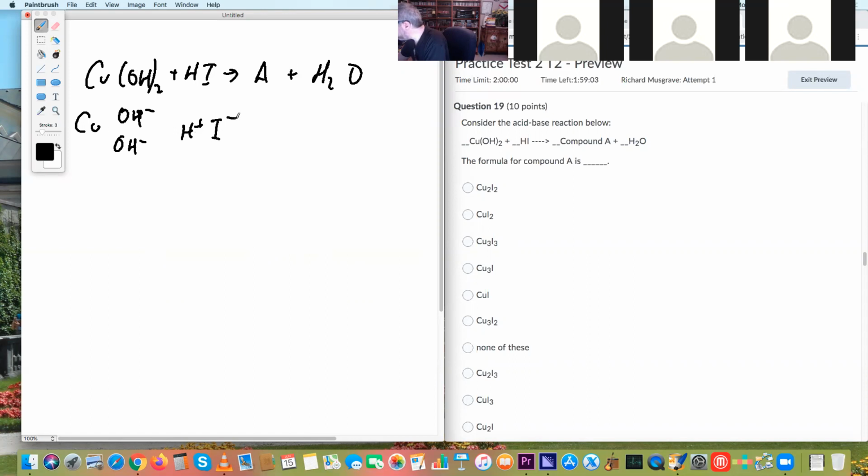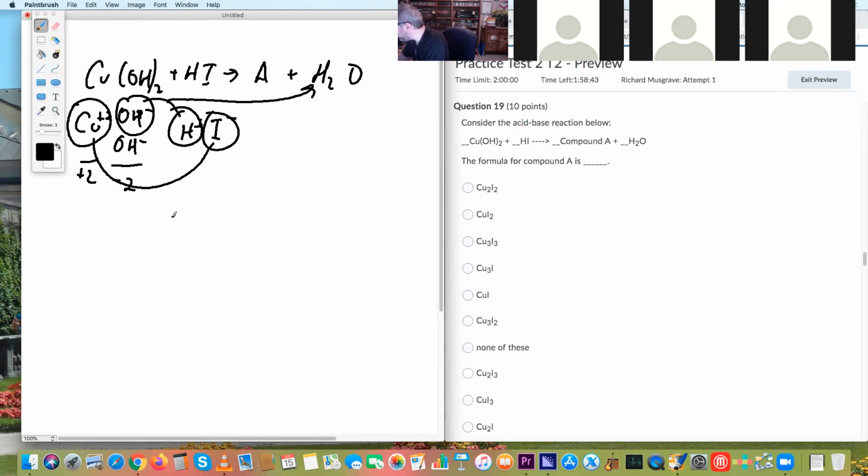So if that's H plus, that has to be I minus. If that's OH minus, then that's going to be -2, which makes this +2, which makes the copper +2. We know that the OH minus and the H plus combine to give water, and that the copper 2 plus and the I minus will combine to give us our other compound. And that would be CuI2.